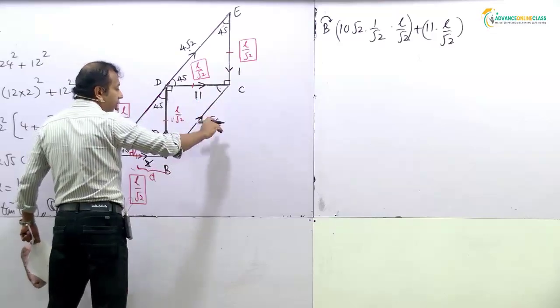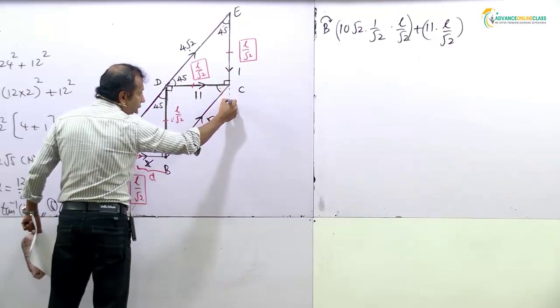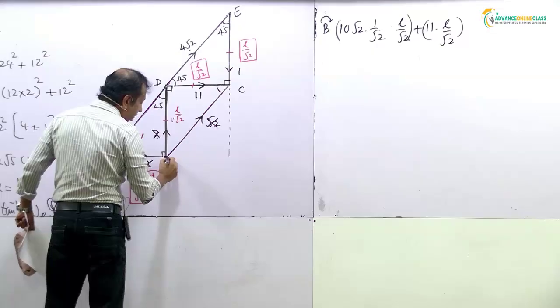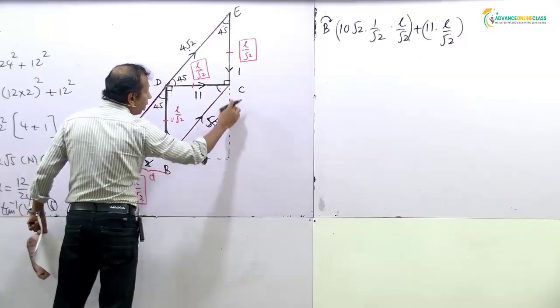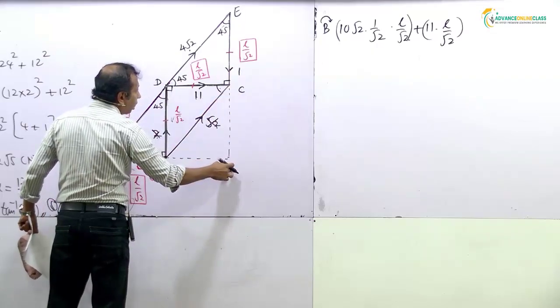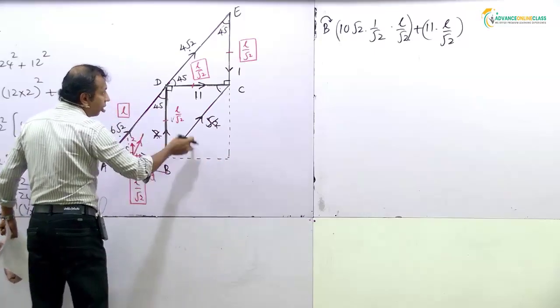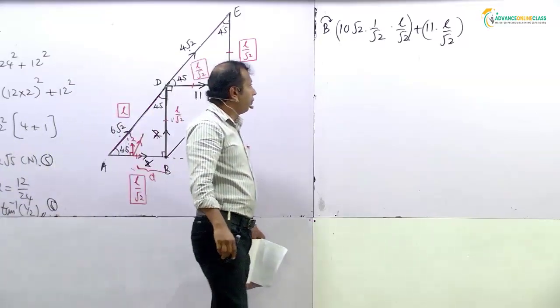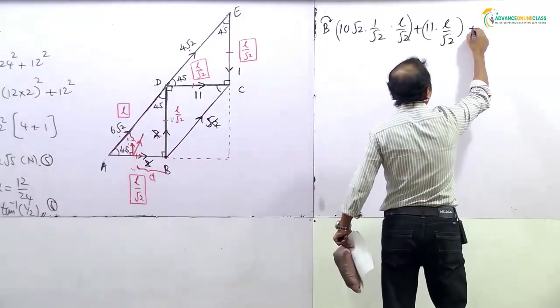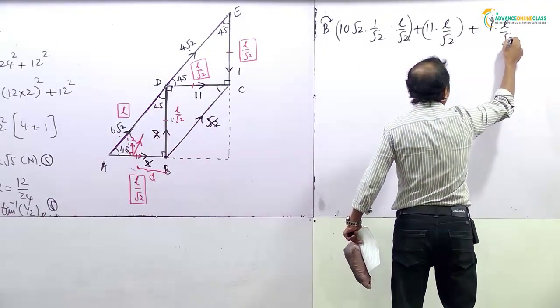Next one is 1. Around B, 1 gives what? Clockwise. When I produce this way, the length this we need. The force is 1. The distance from here to here, L over root 2. 1 into L over root 2. Right?